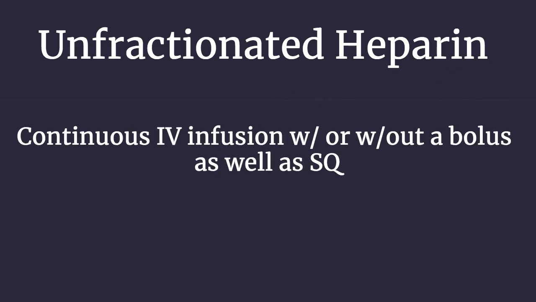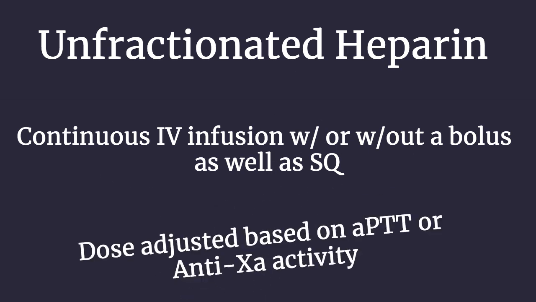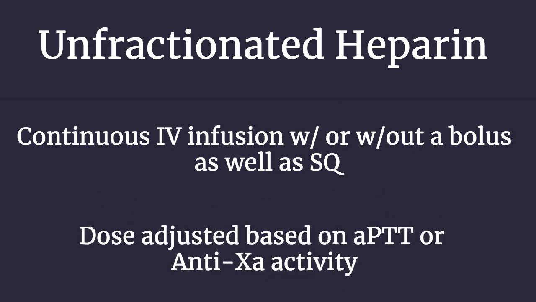This is a continuous IV infusion that's given with or without a bolus, based on indication as well as patient-specific factors. The dose is then adjusted based on APTT or anti-10A activity. In our institution, we have the anti-10A based protocol.